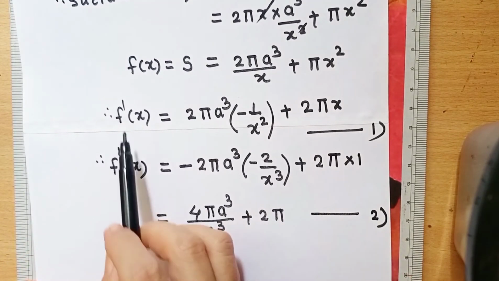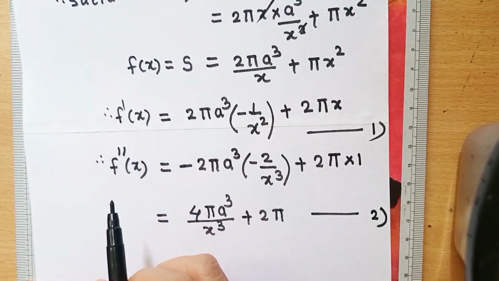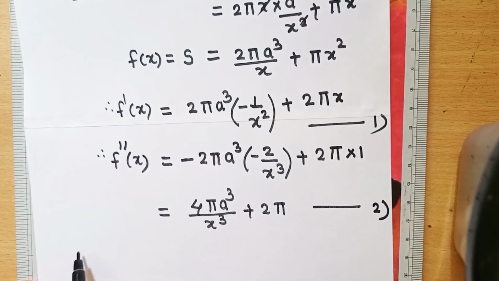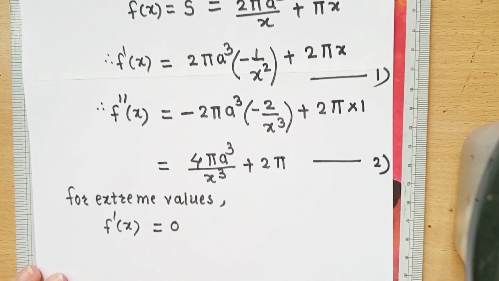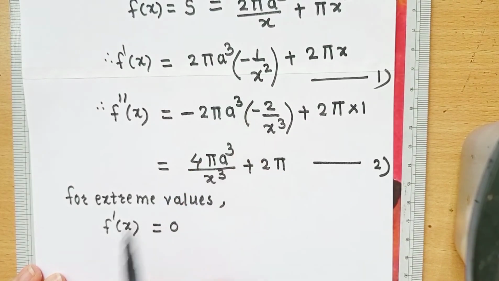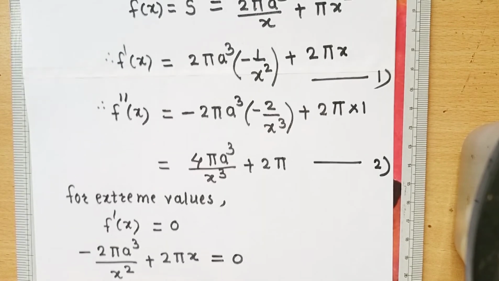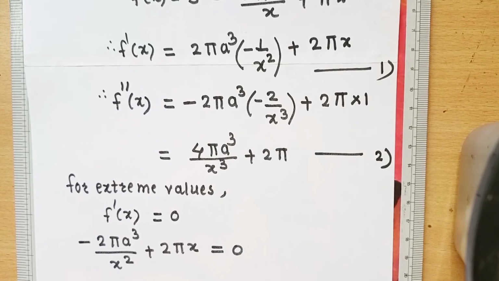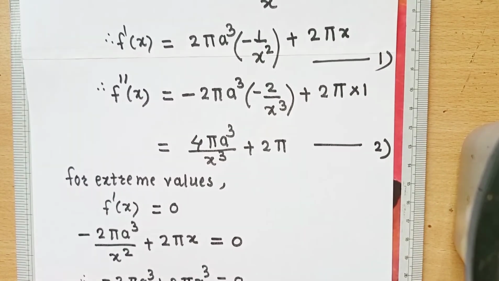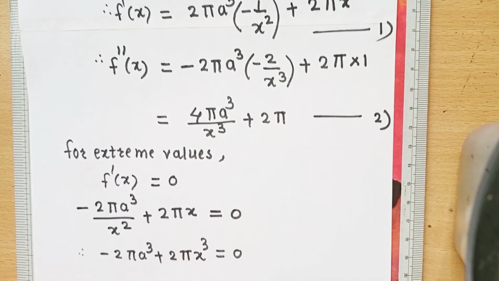Now equate the first derivative with 0 for extreme values, and therefore f dash x means this: minus 2 pi a cube upon x square plus 2 pi x equal to 0. Now again solve this, multiply the whole equation by x square.